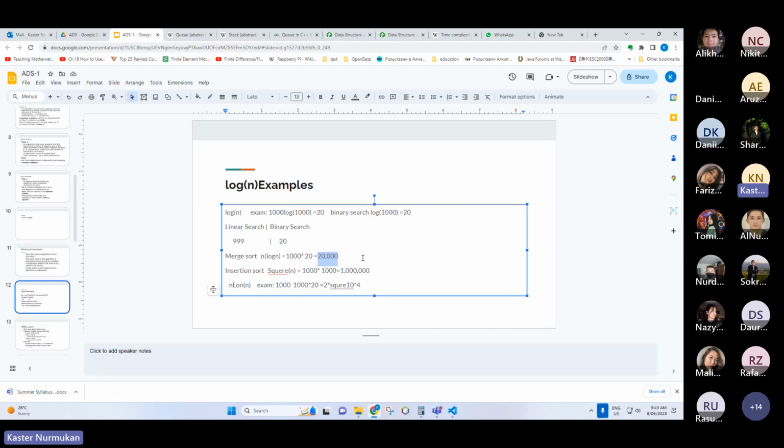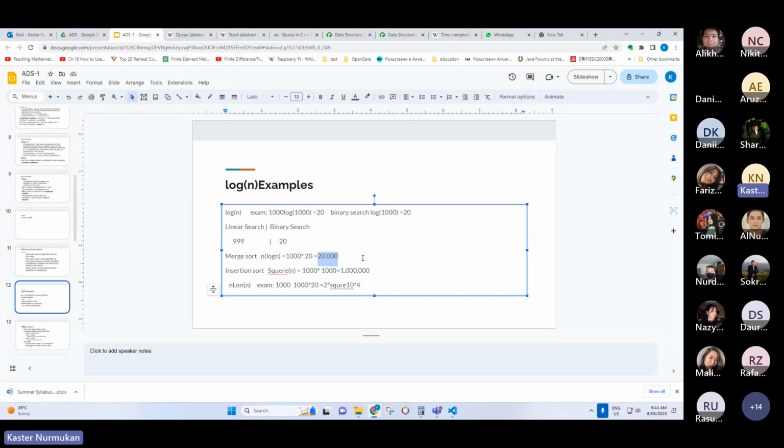So merge sort's performance is about 10,000 operations. What that means is that if you use merge sort to sort, it will spend about 10,000 steps to accomplish the sort.